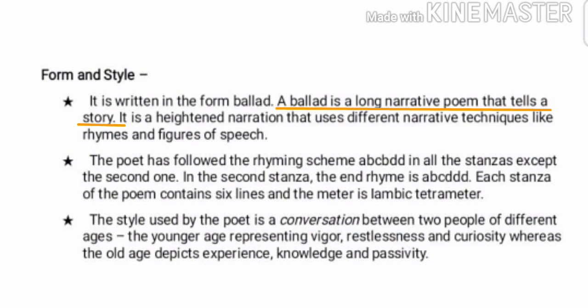The poet has followed the rhyming scheme A B C B D D in all the stanzas except the second one. In the second stanza, the end rhyming scheme is A B C D D D. Each stanza of the poem contains 6 lines, and the meter is iambic tetrameter.